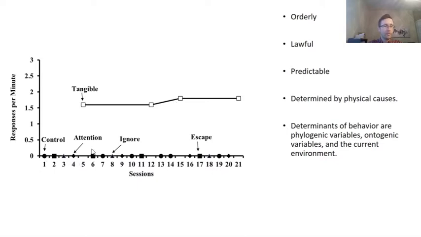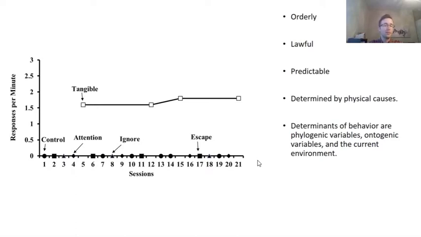The current environment across sessions was manipulated to demonstrate different levels of challenging behavior, and this behavior was shaped up by a learning history, and learning from the environment is actually a skill that is passed on through natural selection.